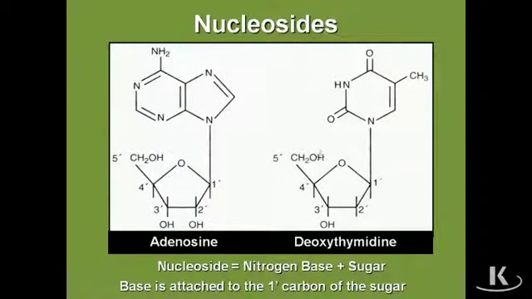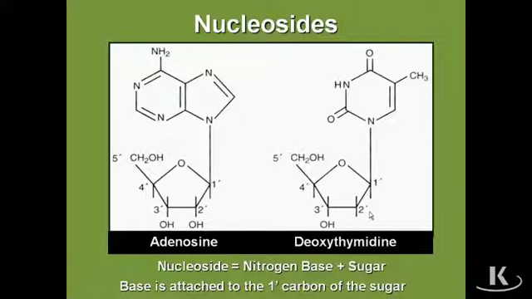How did we know this was deoxythymidine? You have to look at one of these specific carbons. There's not too many carbons in these sugars that you have to focus on, but this is one that you have to remember for the exam. And that's the 2' carbon. The 2' carbon, if it does not have a hydroxyl or an oxygen attached there, we call it deoxyribose.